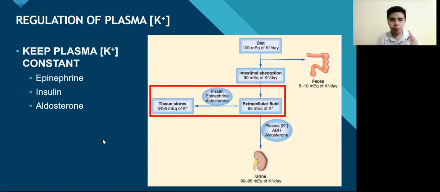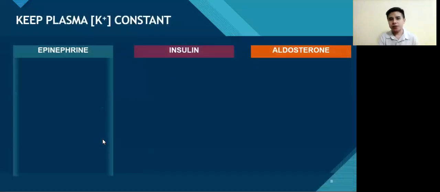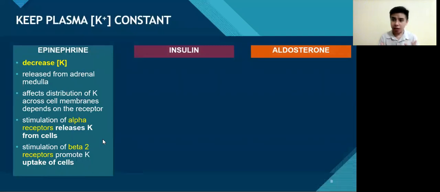There are three important hormones: insulin, epinephrine, and aldosterone. You might wonder how they keep the potassium within the normal range. Epinephrine decreases your potassium by allowing potassium to go inside the cell, through the beta receptor. Epinephrine is released by the adrenal medulla.